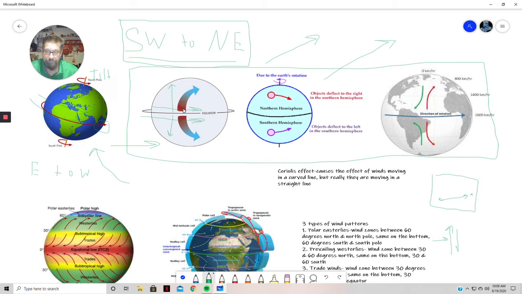The air is actually just moving straight up, but because we are rotating, it seems like it's moving more this way, as you can see here by that arrow. One way of thinking about it is that if the air is moving, it wants to move this way.